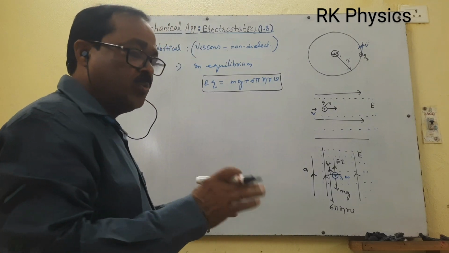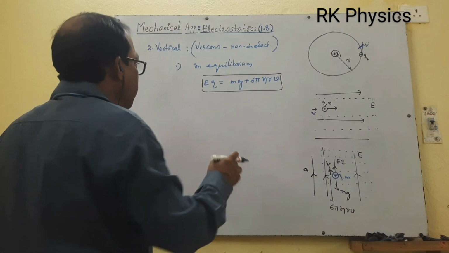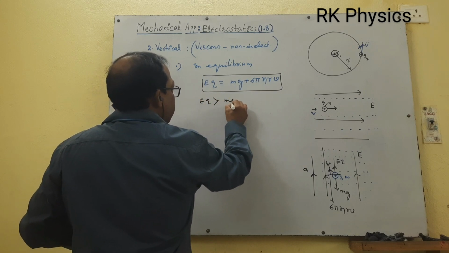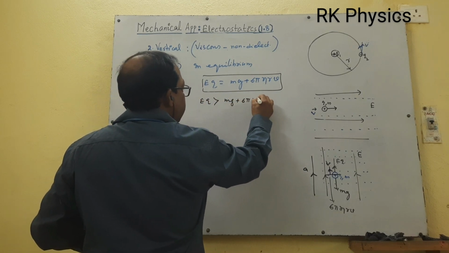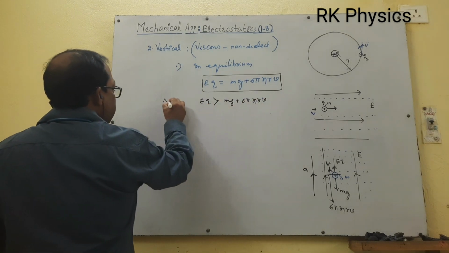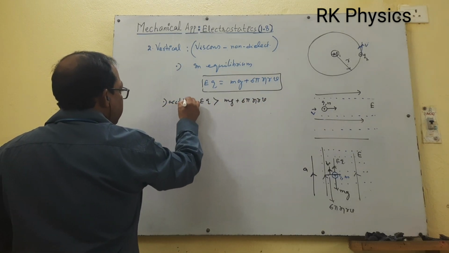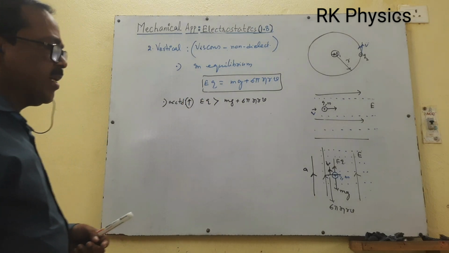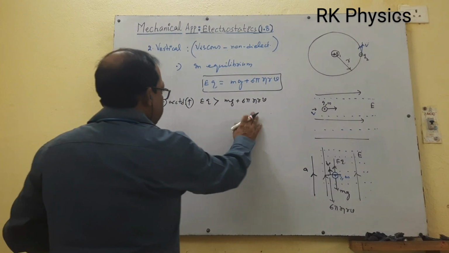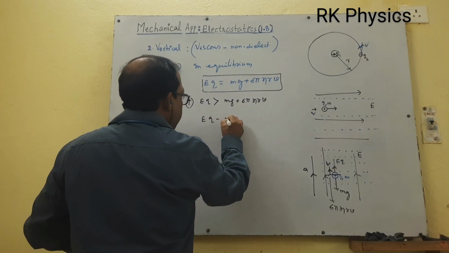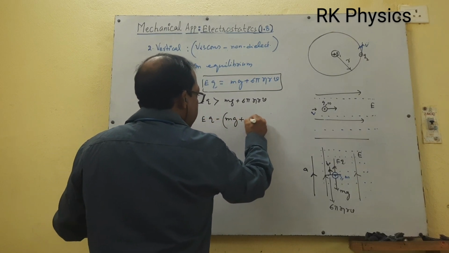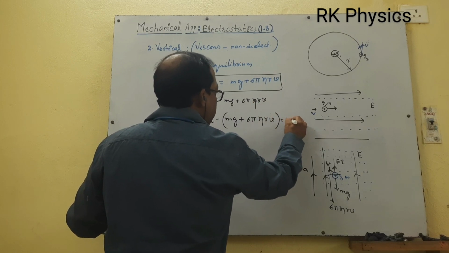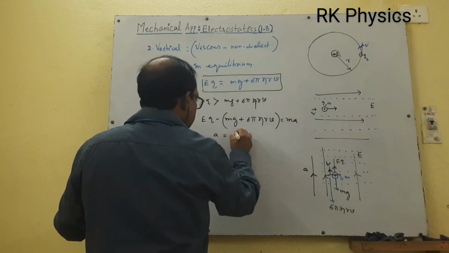Suppose it is moving up, that means EQ must be greater than mg plus 6 pi eta Rv. This is the case for accelerated motion along the upward direction. So EQ minus (mg plus 6 pi eta Rv) equals ma. Then find out the acceleration.